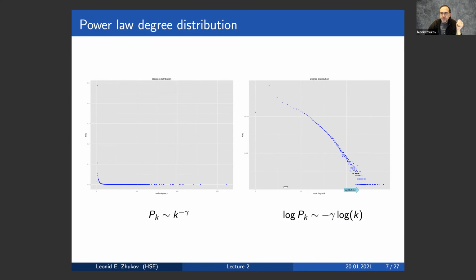Okay. Now, if this was a perfect world, and if it was really a pure power law distribution that you can describe by the log, it would be a straight line.